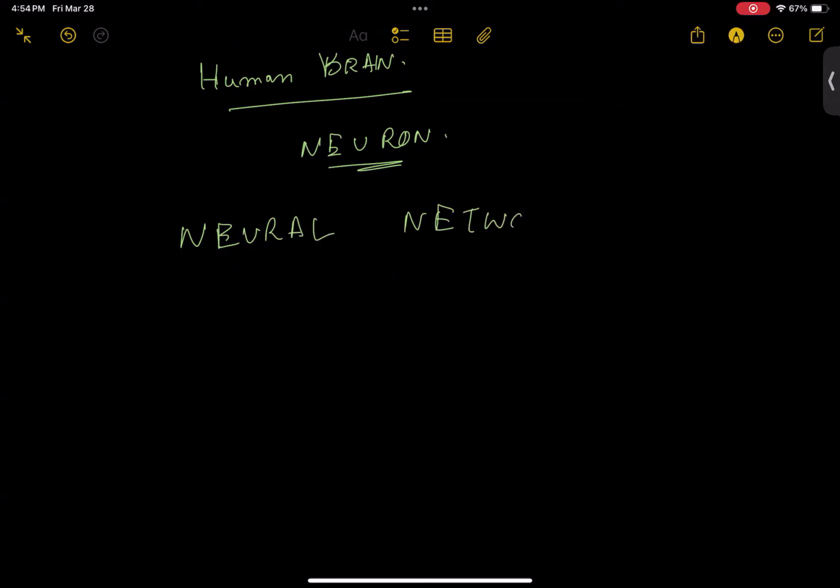So you mean neural network is a subset of deep learning? Yes, it's an algorithm used in deep learning. It is a subject by itself, right?